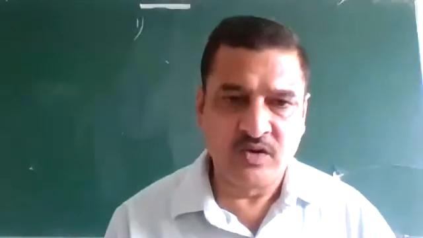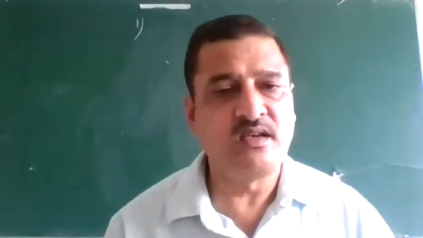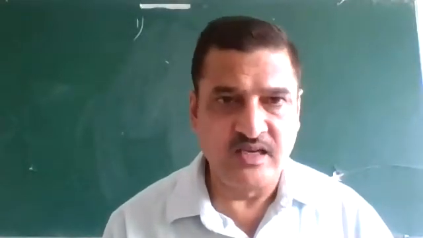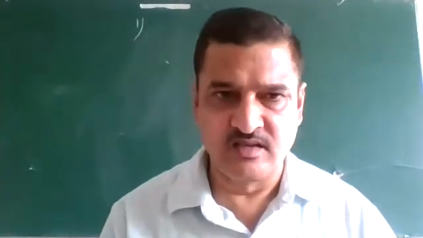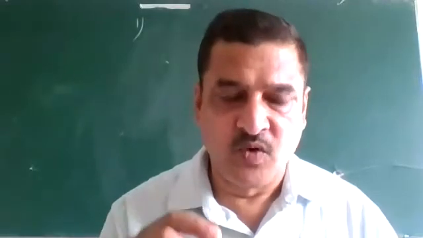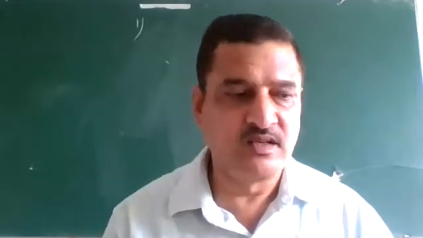But what is the reason then that the writer says that the society is decadent? There is some decadence in the society. There are some problems which are present in the society.